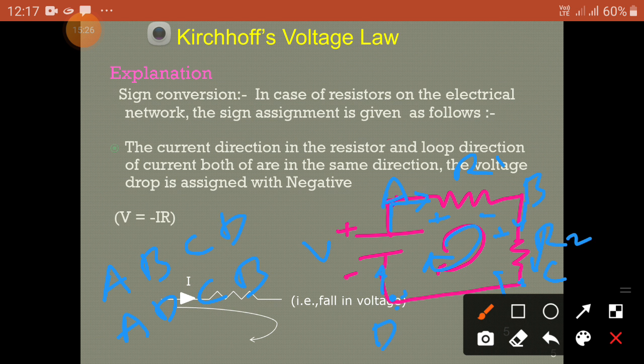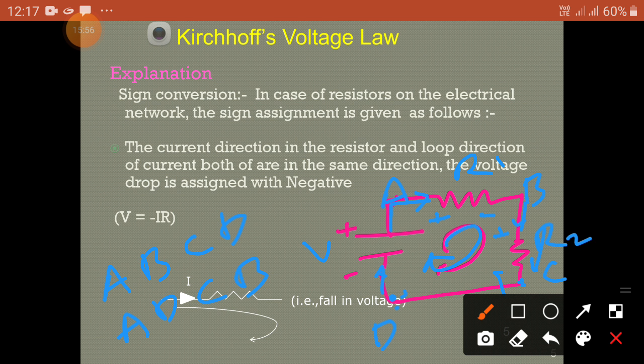That means what I have assumed in the anti-clockwise direction is not correct, so you change it to positive, that is the clockwise direction. Initially we don't know which direction the current is flowing, so you arbitrarily take a direction. Based on that direction you go ahead and do the calculations.